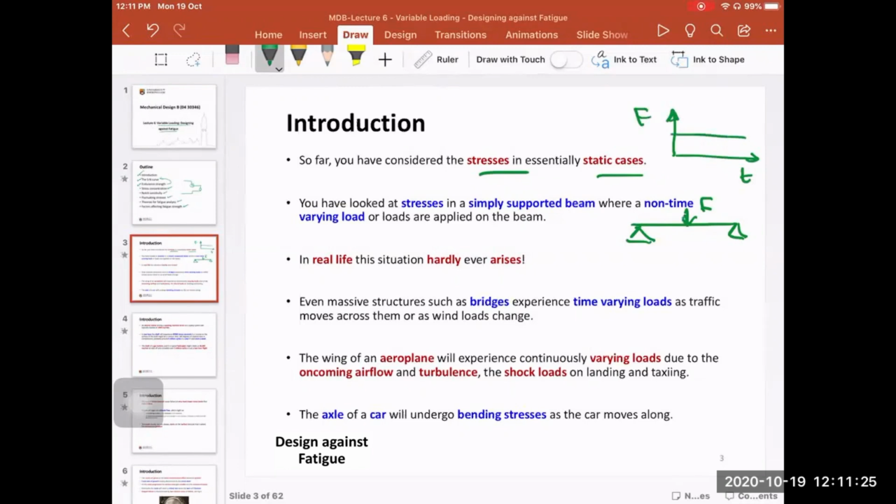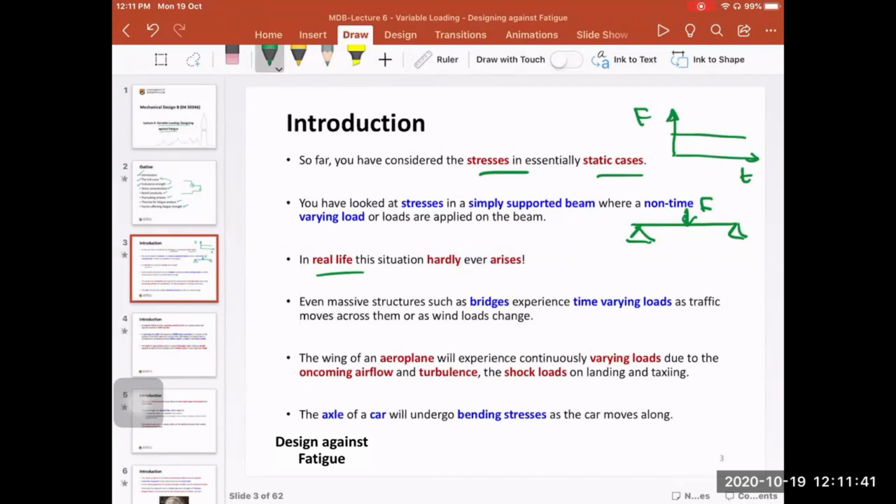Okay, but in real life, this situation hardly arises. So we have to consider fluctuating loads or time varying loads.